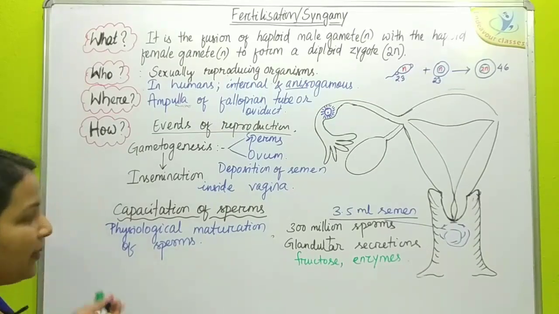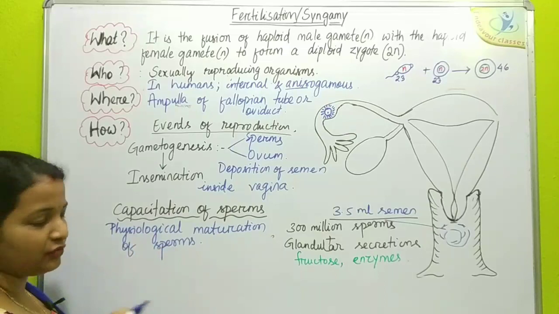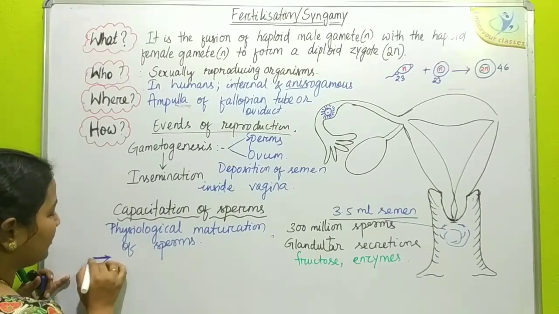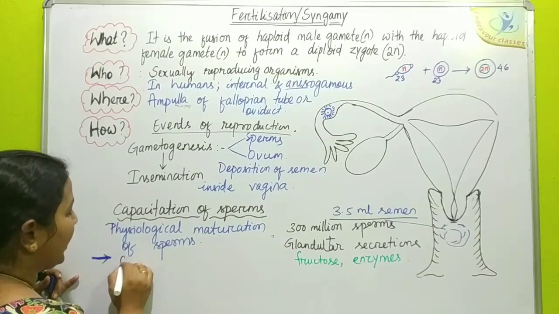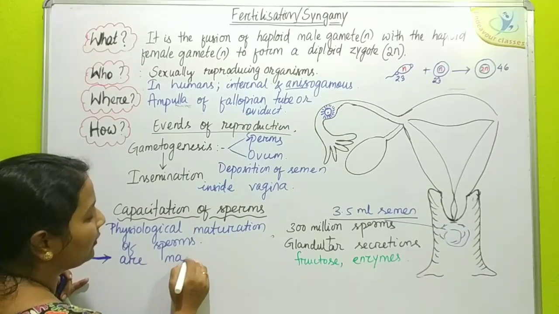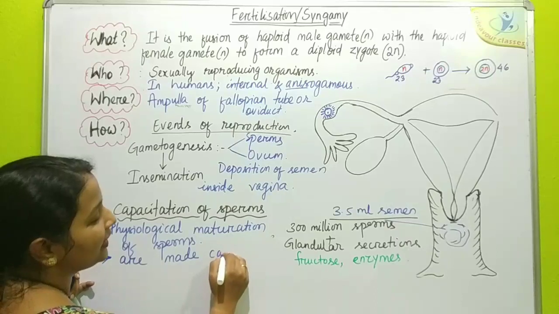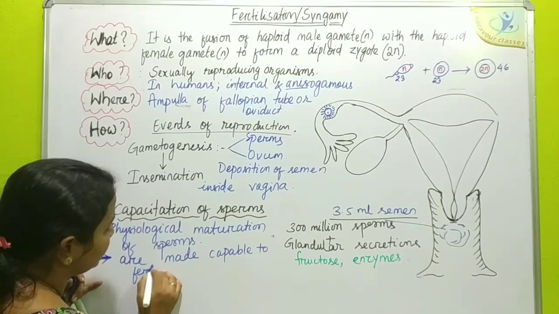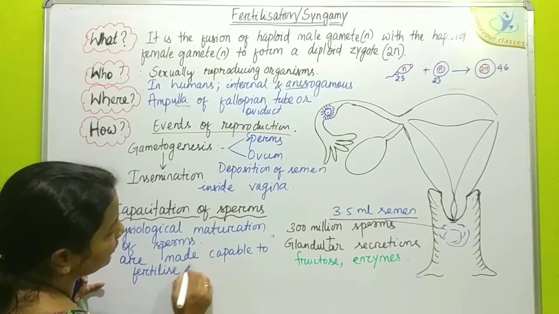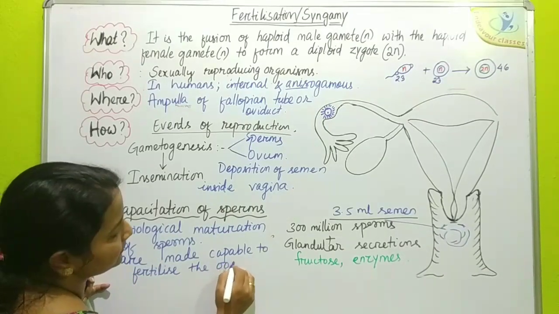So what is capacitation? It is the physiological maturation by which the sperms are made capable of fertilizing the oocyte.